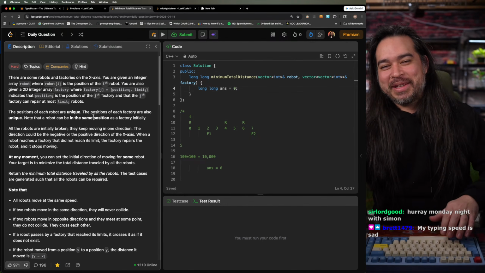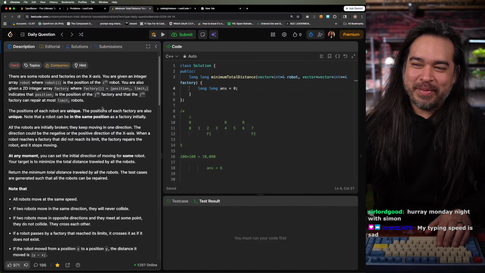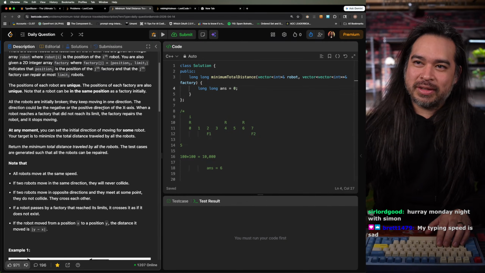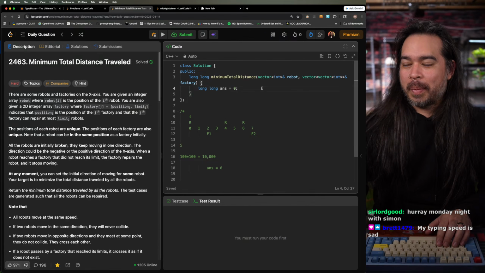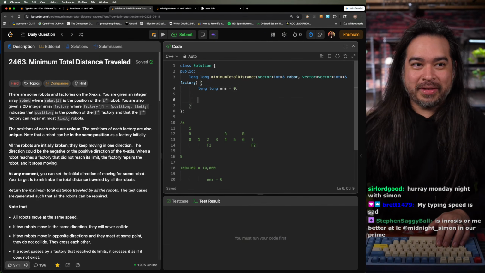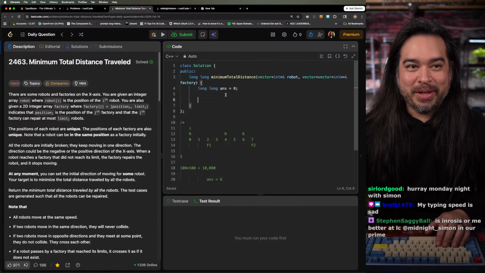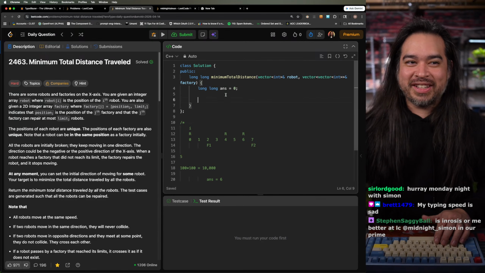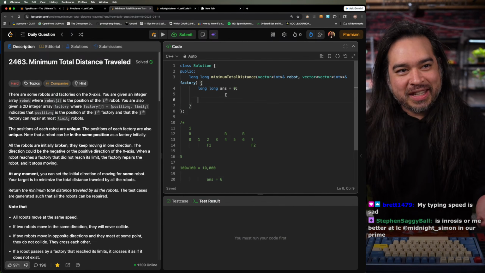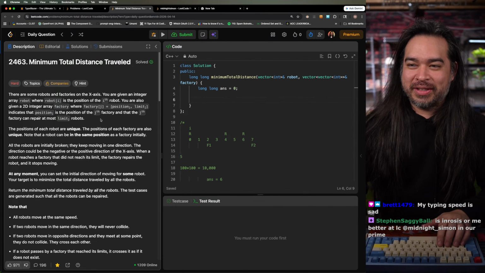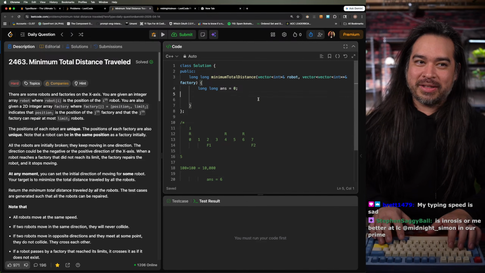My typing speed is sad. But man, how do you remember all these little tricks for these problems? Is Enrosis or me better at LeetCode in our prime? Dang, that's tough, Steven Sagiball. I have to say Enrosis, because I haven't seen you practice much, man.